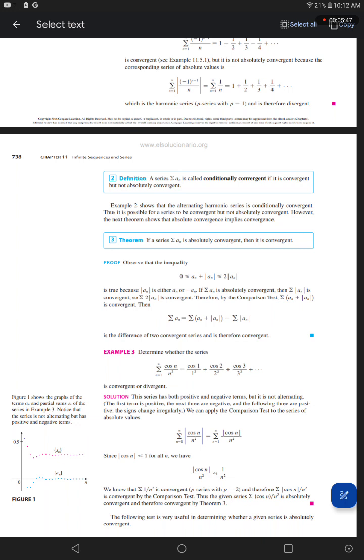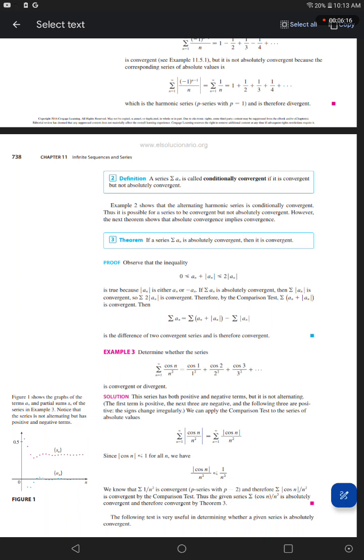If the sum of a sub n is absolutely convergent, then the sum of the absolute value of a sub n is convergent. So the sum of 2 times the absolute value of a sub n is convergent. Therefore, by the comparison test, the sum of a sub n plus the absolute value of a sub n is convergent.